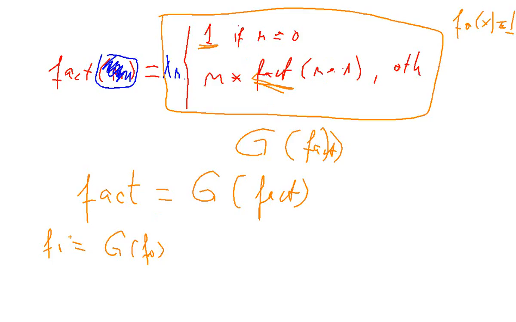So if I do this process and I have fn equals g of fn minus 1, I'm going to get better and better approximations of this function. I'm never going to get the factorial function. But guess what? We're interested in factorial of 100.